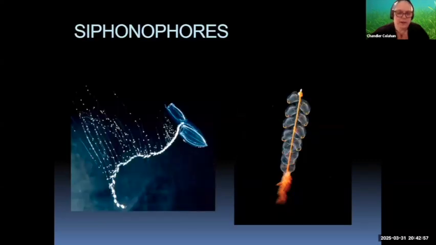Here are some other types of animals that are grouped in with the jellyfish. They're called siphonophores, and these are jellyfish that are colonial animals. So actually, the Portuguese man of war is in this group as well. And you can see the bell-like structures on the jellyfish are what helps with its movement.